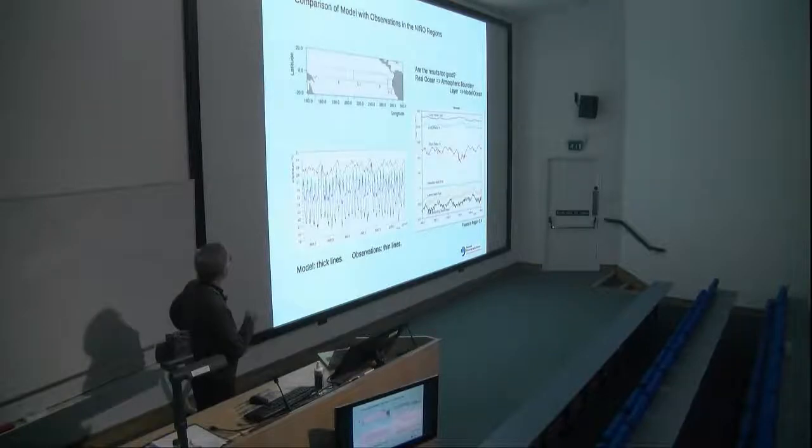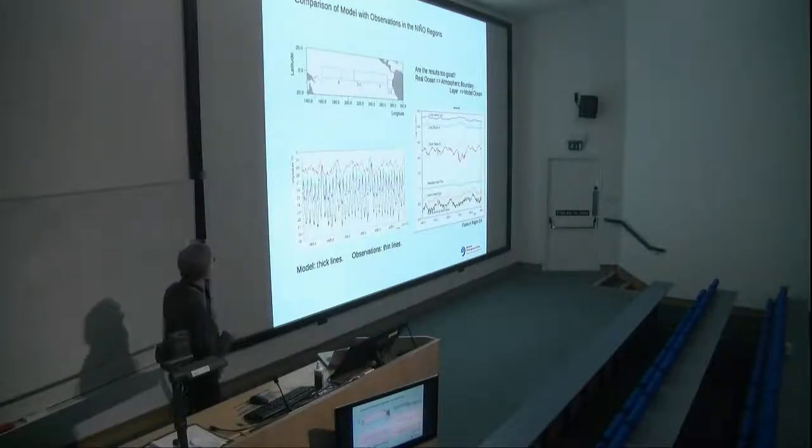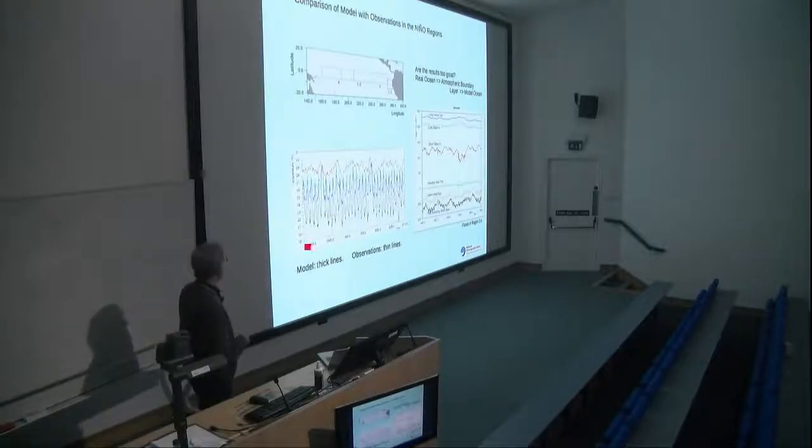And what this shows, for these regions I've talked about, is what the model does, which is the thick line. The reds are region 4, greens are 3.4, and 1 and 2 at the bottom. And this shows how those temperatures vary with time, from 1980 right through to 2010.